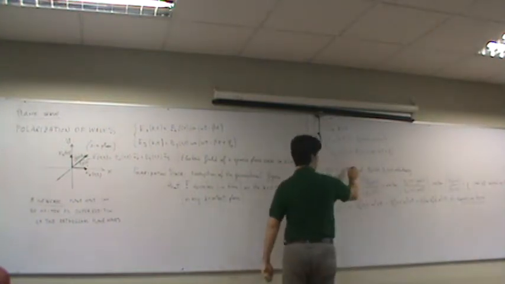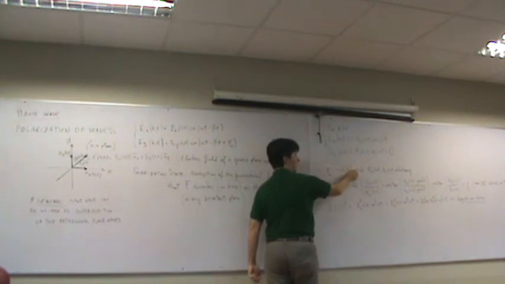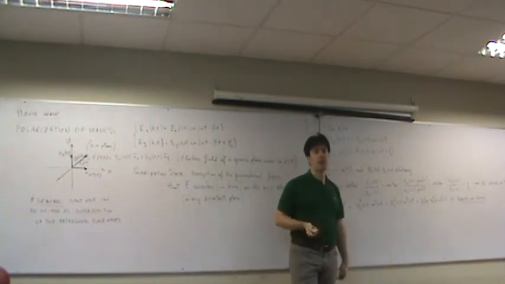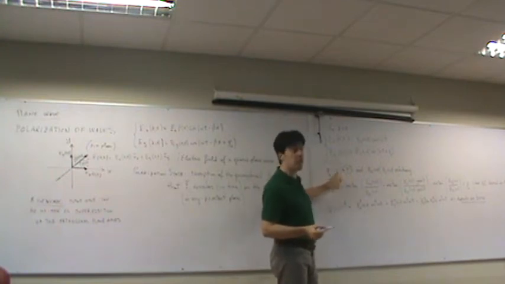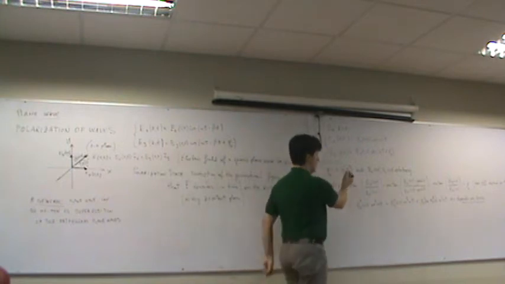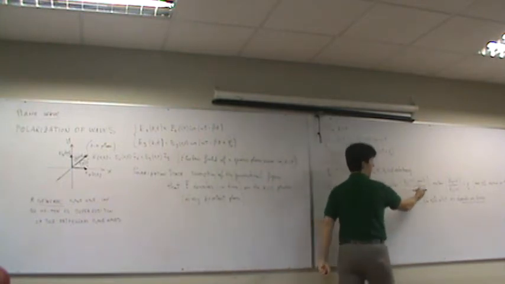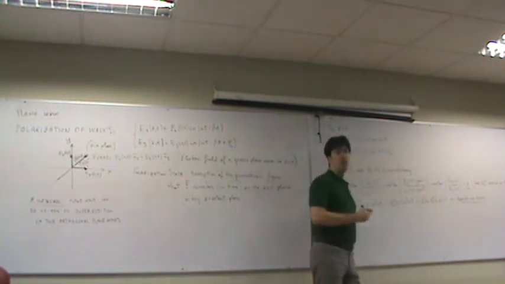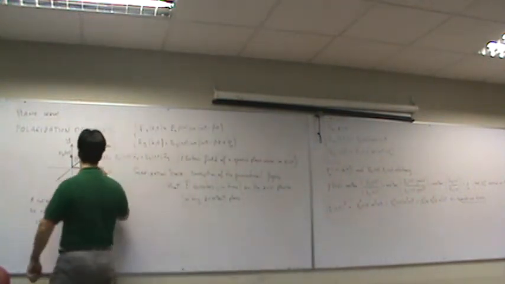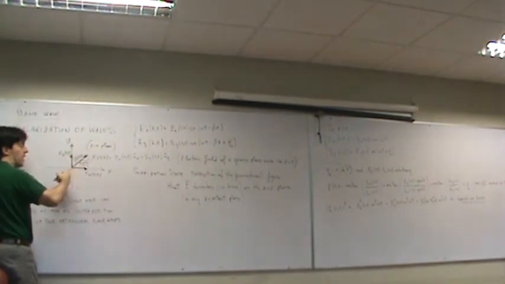And what happens if the phase is pi? Nothing special. If the initial phase, instead of being 0, is 180 degrees, or pi, there is just a minus sign here. It means that instead of oscillating along this line, the electric field oscillates along this line.